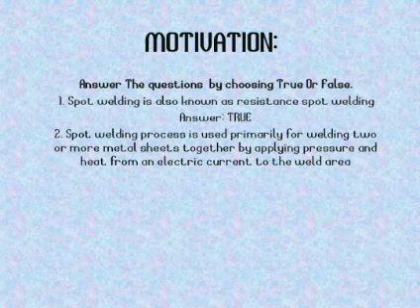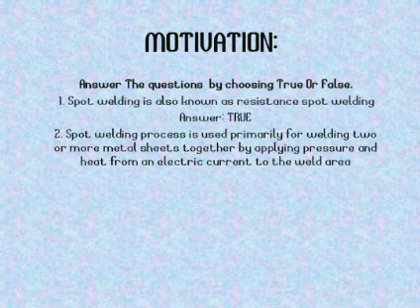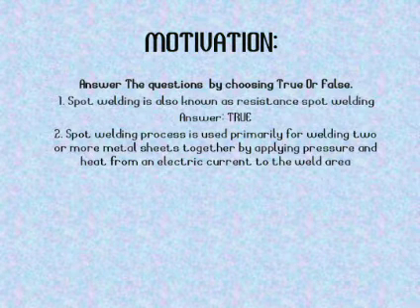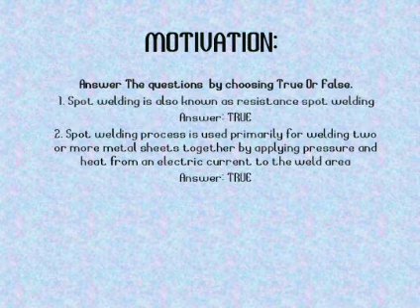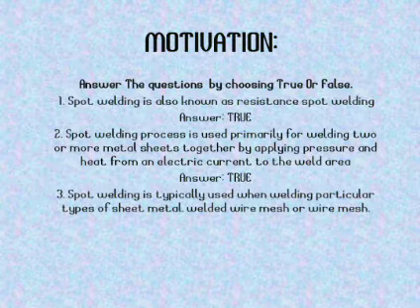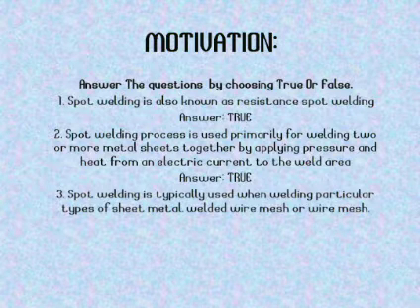The second question is, spot welding process is used primarily for welding two or more metal sheets together by applying pressure and heat from an electric current to the weld area. The answer is true. Lastly, spot welding is typically used when welding particular types of sheet metals, welded wire mesh, or wire mesh. And the answer is true.